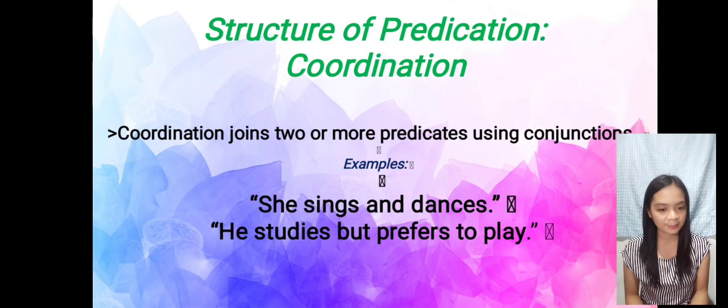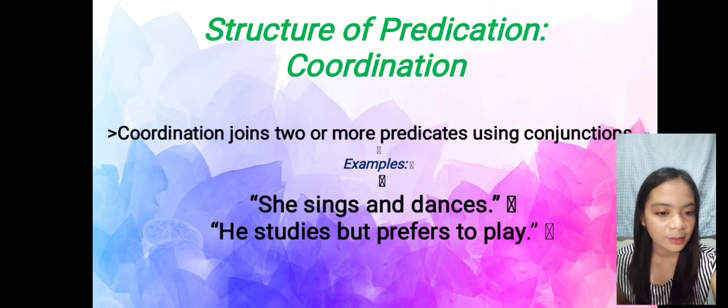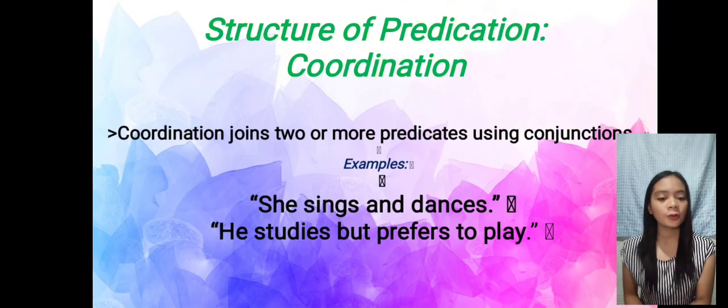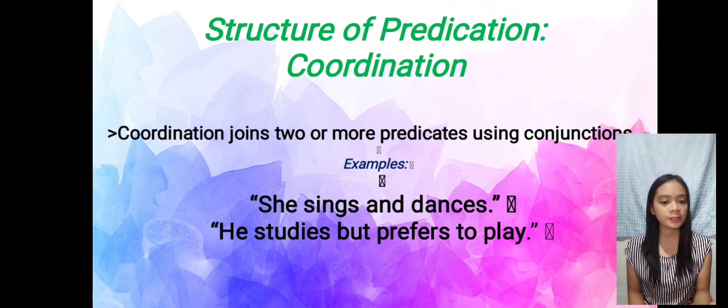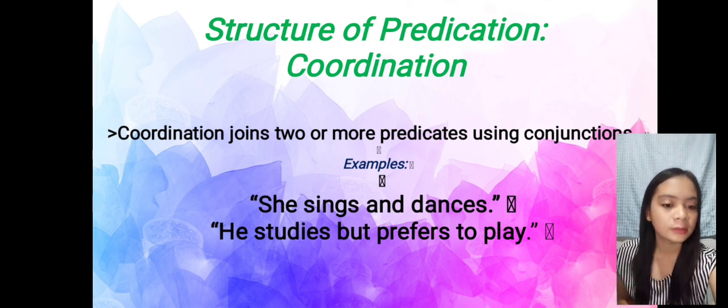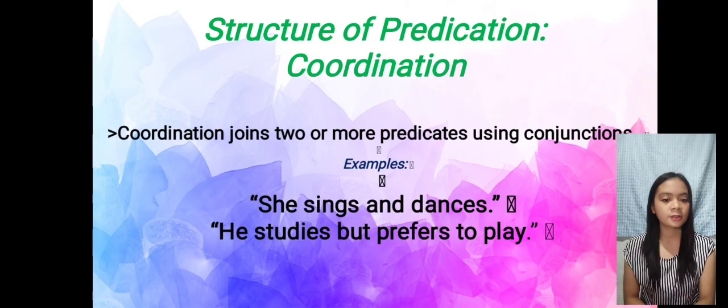Next, structure of predication, coordination. Coordination joins two or more predicates using conjunctions. Examples: she sings and dances. He studies but prefers to play.